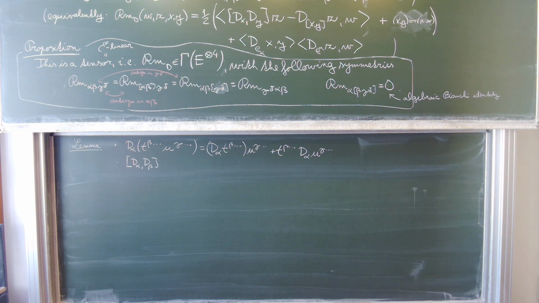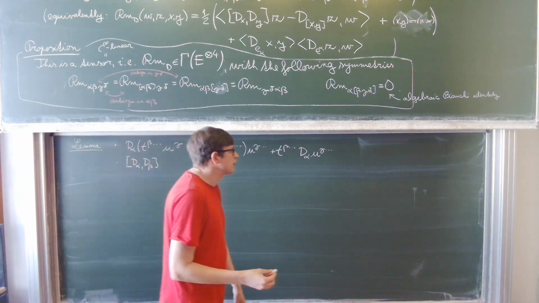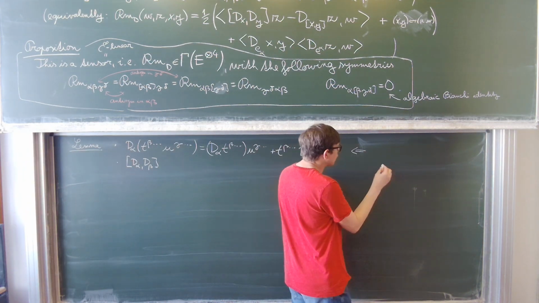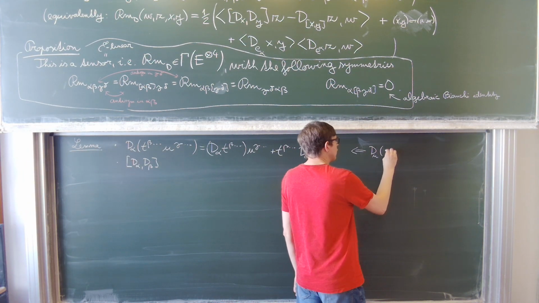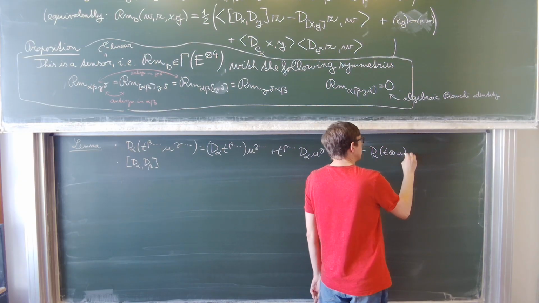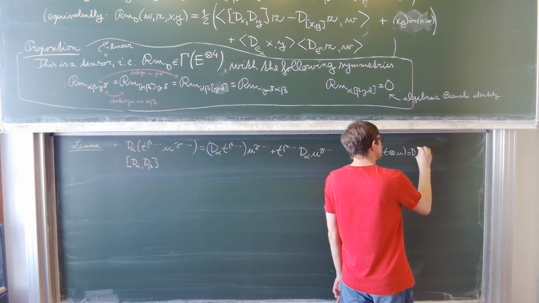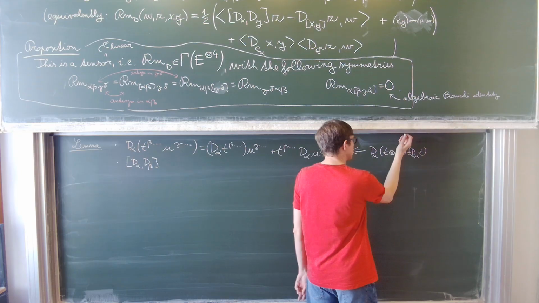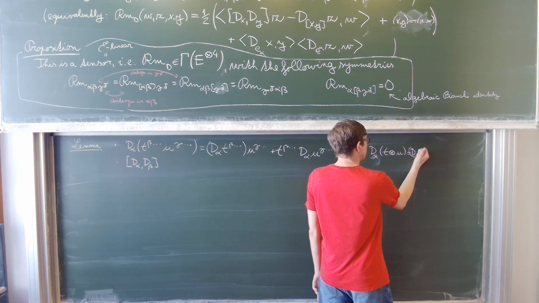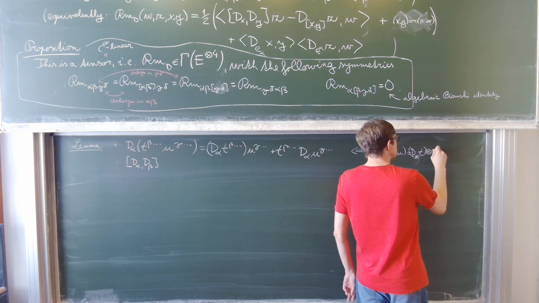It's not really new; this is why I'm thinking of it as a lemma. It's an immediate consequence of the fact that if you take this, then it satisfies this. It's not supposed to be non-trivial.